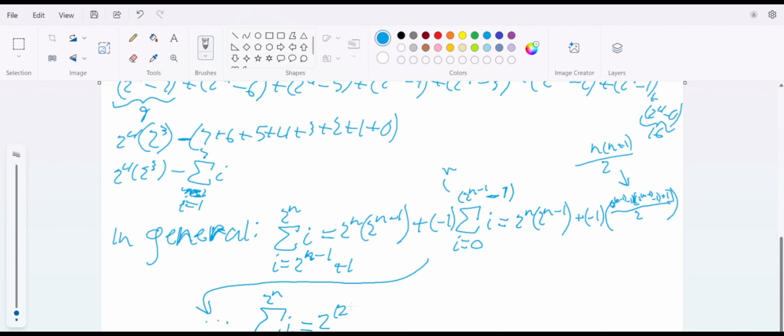It is equal to 2 to the 2n minus 1 minus 2 to the 2n minus 3 plus 2 to the n minus 2. Okay, and that is the final formula.